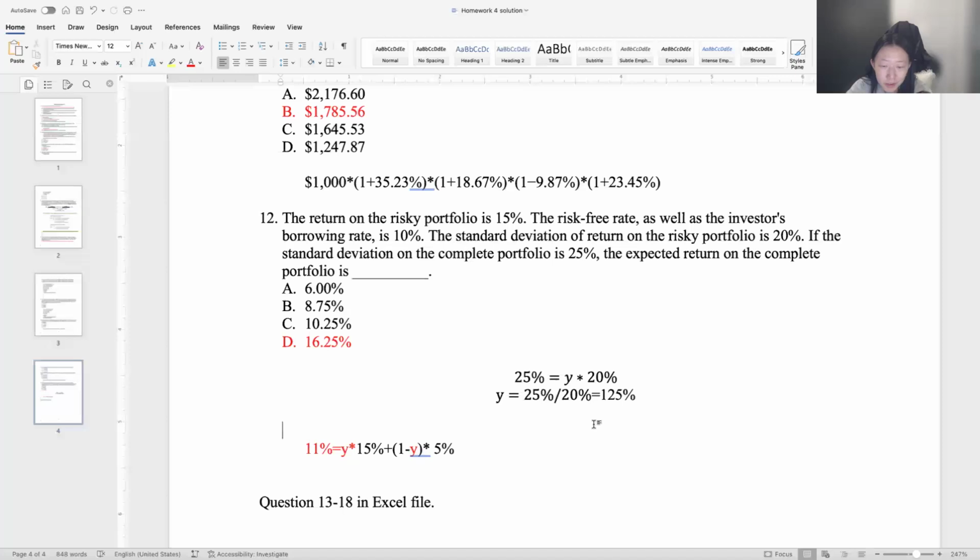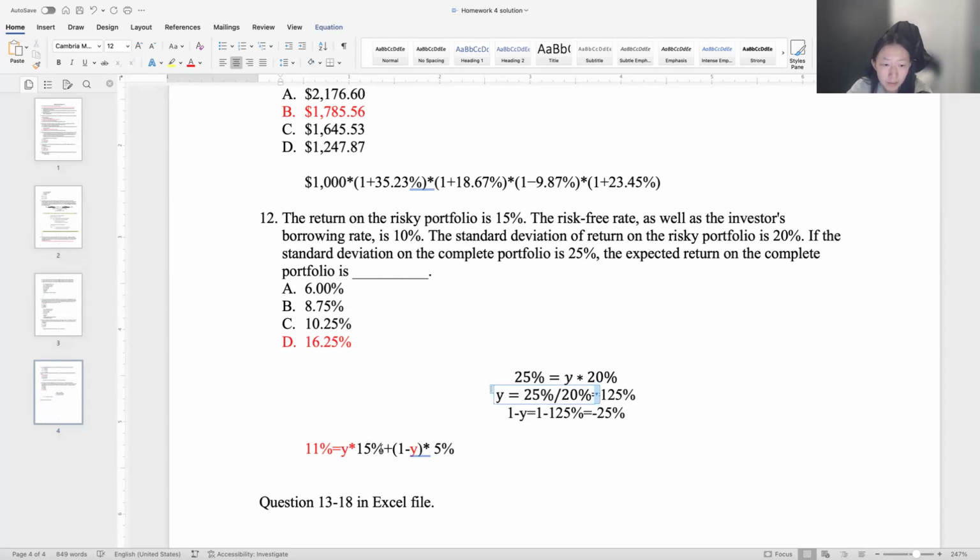So the reason that I want to double check is that that basically means that you want to overinvest in the risky portfolio. So borrowing 25%. So 1 minus y will therefore equal 1 minus 125%, which equals negative 25%. All right, so that is y.